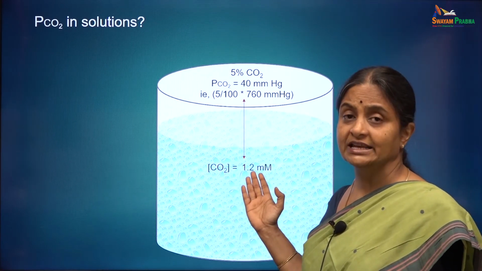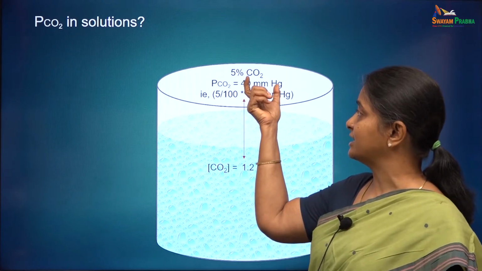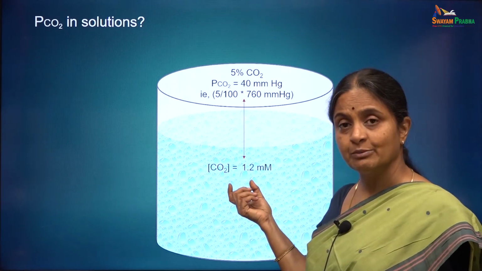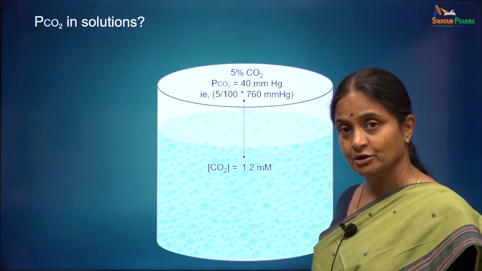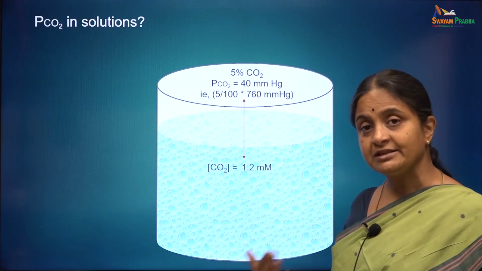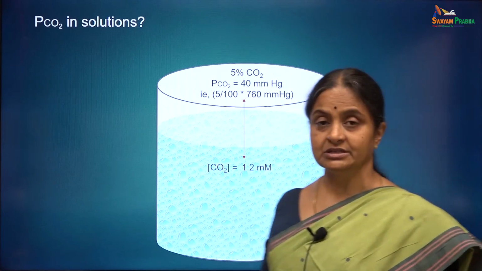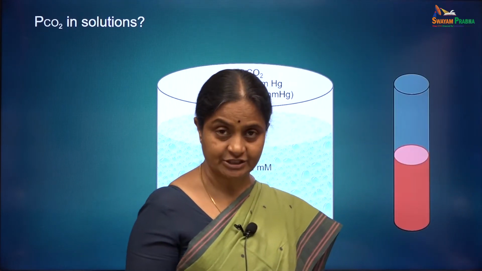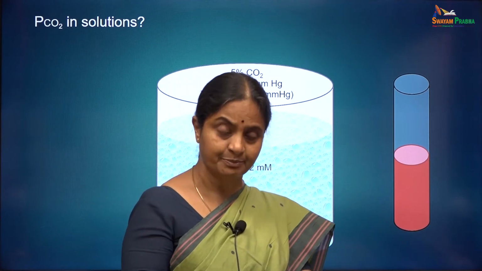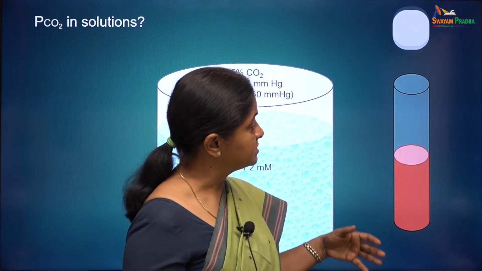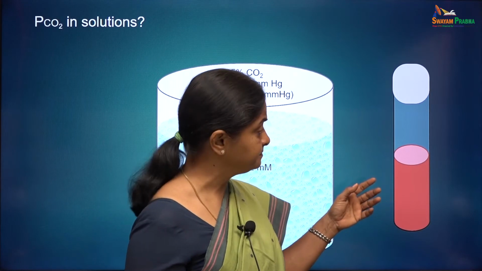That is the carbon dioxide equilibrium. For every millimeter mercury of carbon dioxide, 0.03 millimoles per liter will be the dissolved carbon dioxide. When we estimate carbon dioxide concentrations in blood, we do the reverse. We take a sample of blood into a test tube. This is not exactly how it is done, but the principle is this, and the tube will be capped.